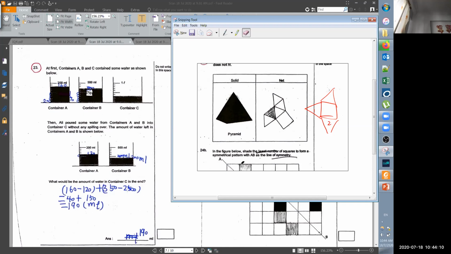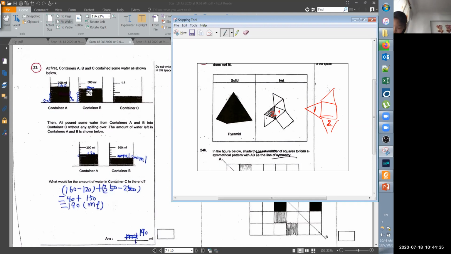Okay, look. If this is your one, right? If this is your one, then this can be your two. Yes, not good. Okay, this can be your two.